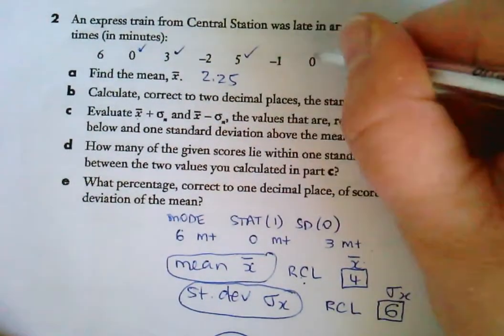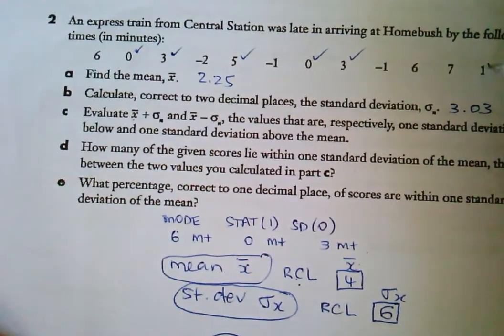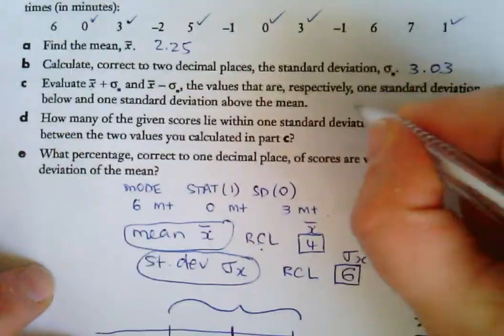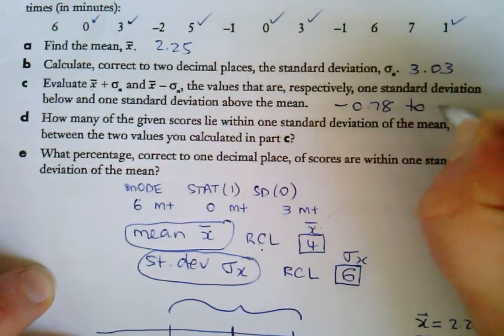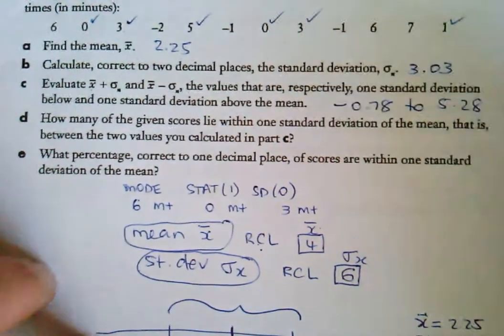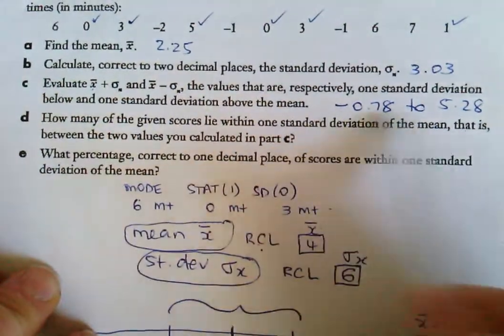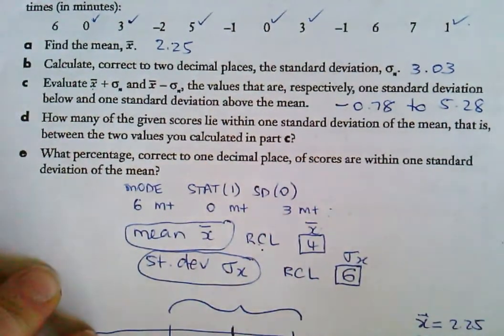Negative 1's out, 0 is in there, 3 is in there, and 1 is in there. Those numbers are between the values. How many of these values fit in that range? I've got 1, 2, 3, 4, 5, 6.